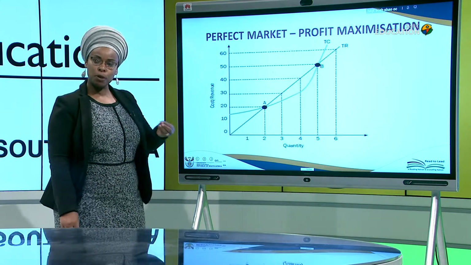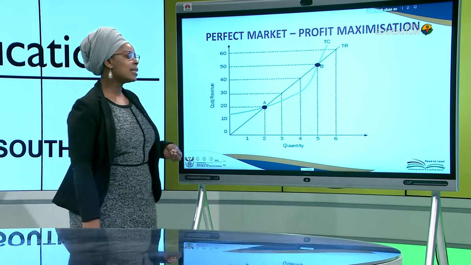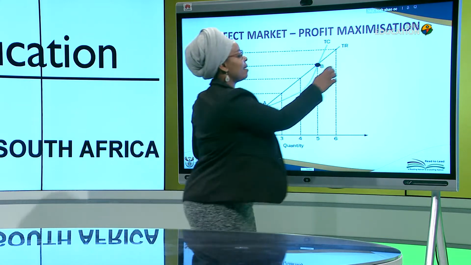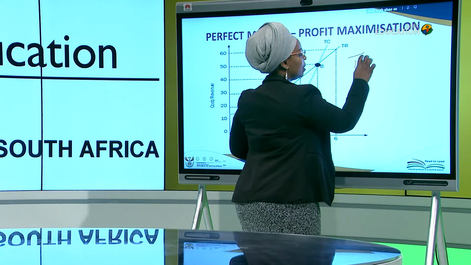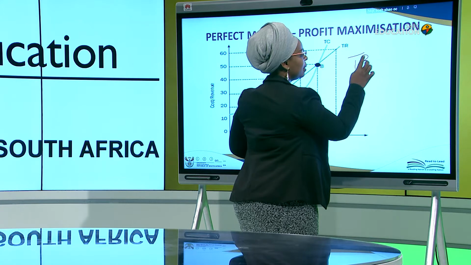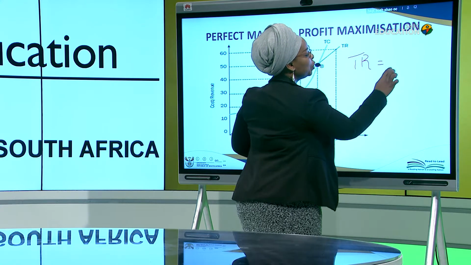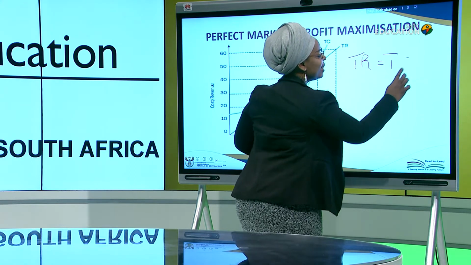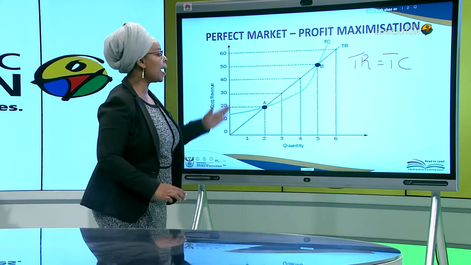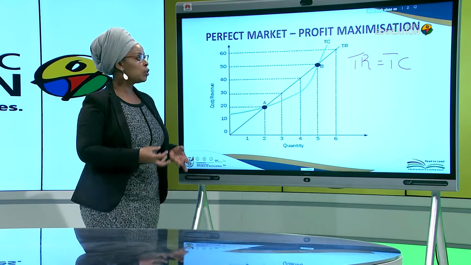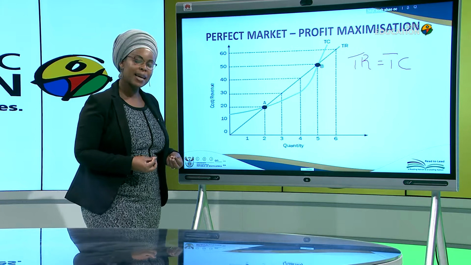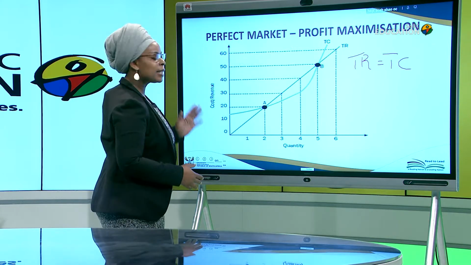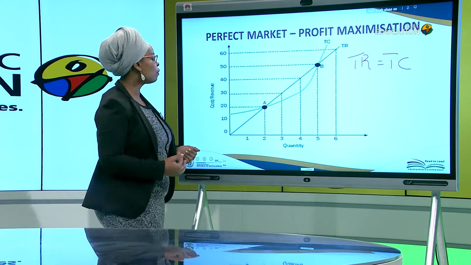Let's look at profit maximization again, but this time we are looking at the TR equals to TC approach. So if we are using this approach to check where the business can maximize its profit, then you still remember your grade 10 and 11 skill of drawing graphs.